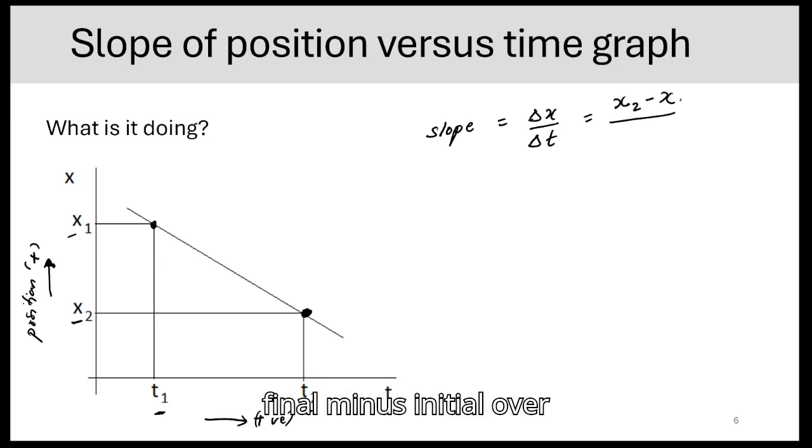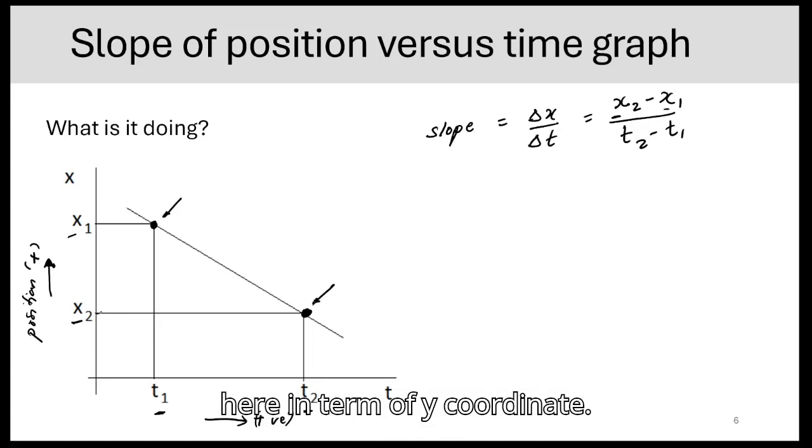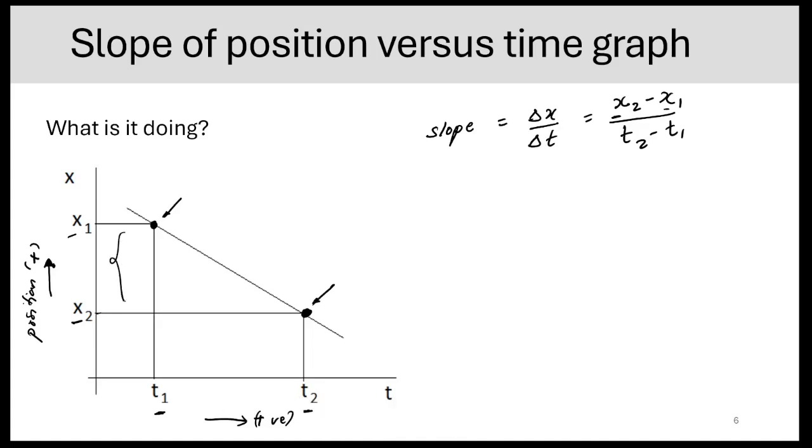And x2 is smaller than x1, right? Because this is the positive direction and this point is higher than this point in terms of y coordinate.